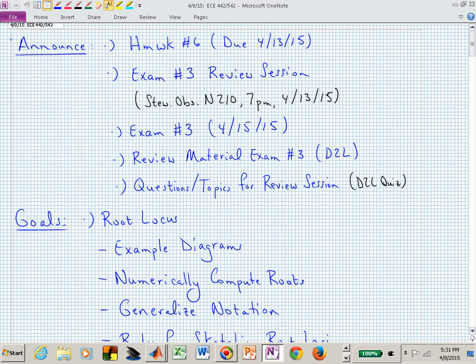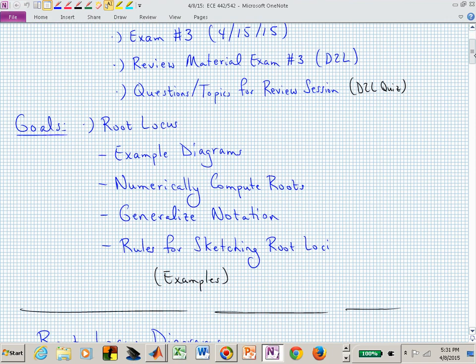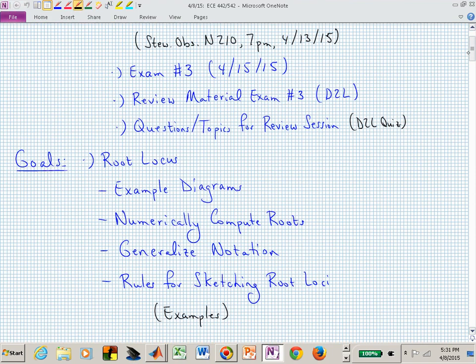There is review material like in the past posted on D2L with practice exams, and again, last spring's exam will look more similar to this exam number 3 in terms of structure. The others, the material is shuffled a little bit, and you have to look at just pieces and parts of previous exams to get the same kind of content for exam number 3 this semester.